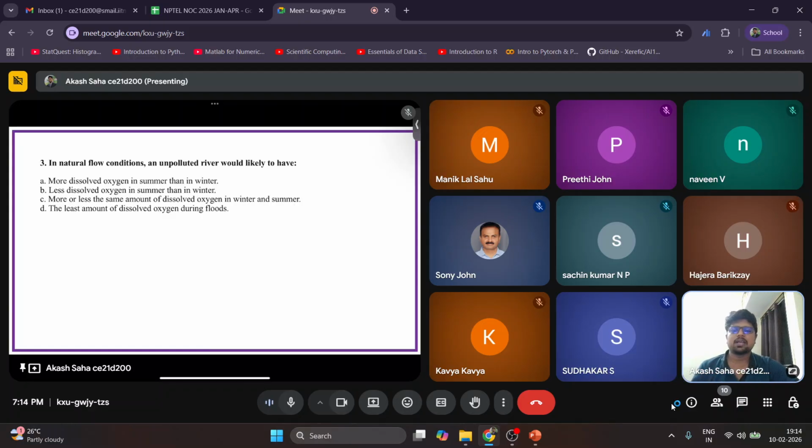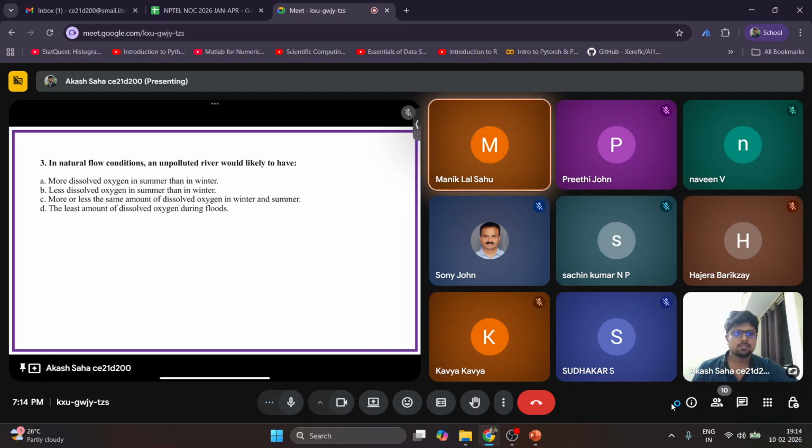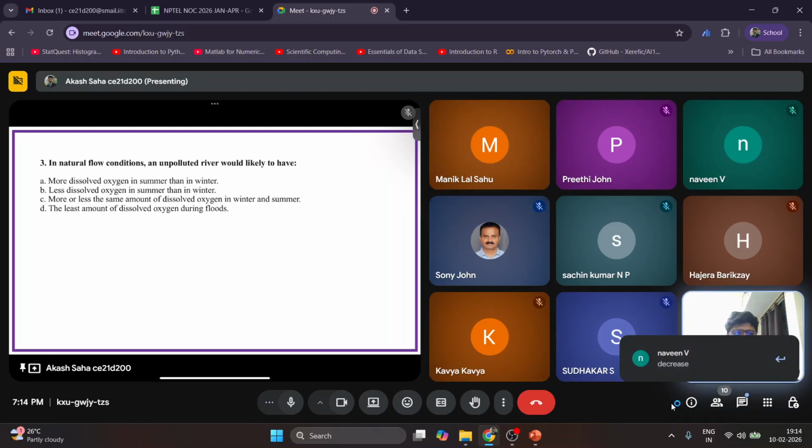So one thing I can ask, so if the temperature increases, whether the oxygen holding capacity will increase or decrease for a liquid? So that is the first question here. If the temperature increases, whether the oxygen holding capacity will increase or decrease? Decrease. Decrease, right? So what will happen?